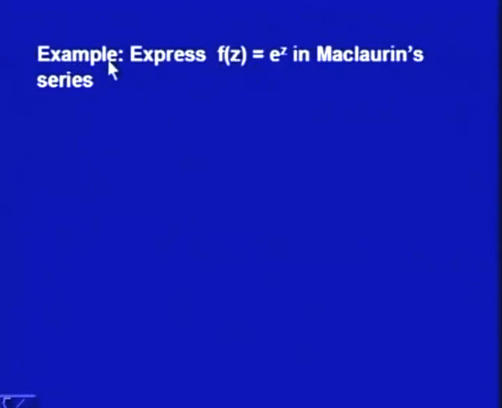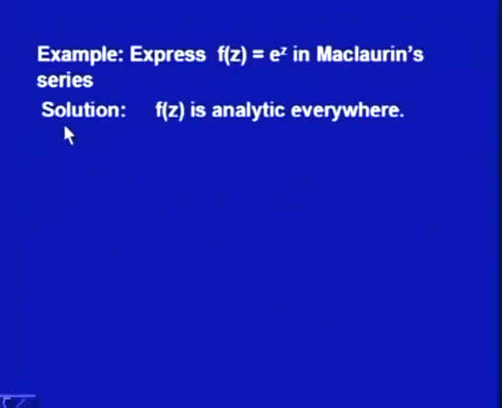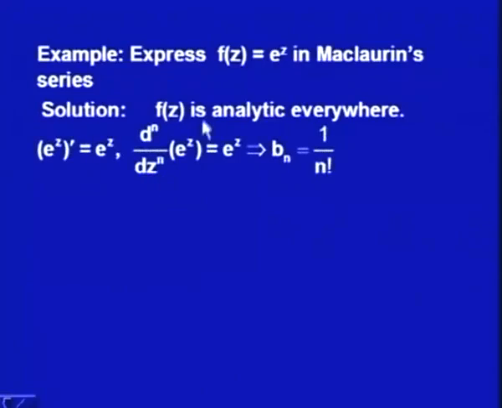Now, we try to expand e^z in Maclaurin series. We know that this function e^z is analytic everywhere, so we can represent this function as a Maclaurin series. For this, we need to calculate various derivatives. The derivative of e^z is e^z, and in fact, the nth derivative of e^z is also e^z.